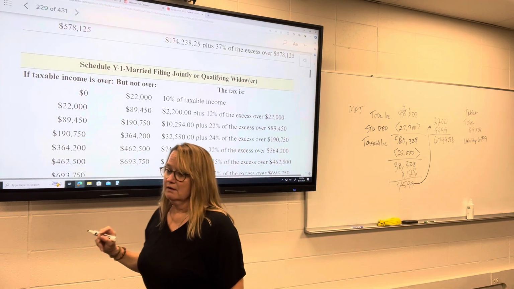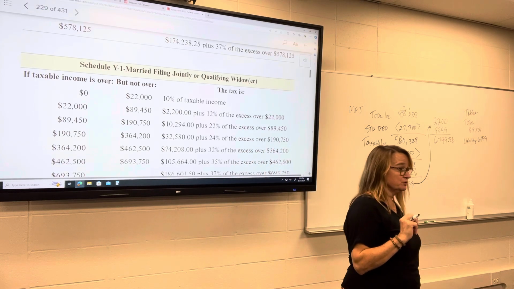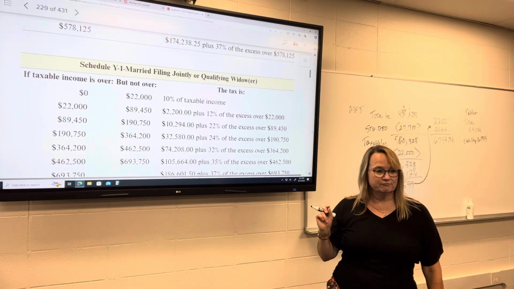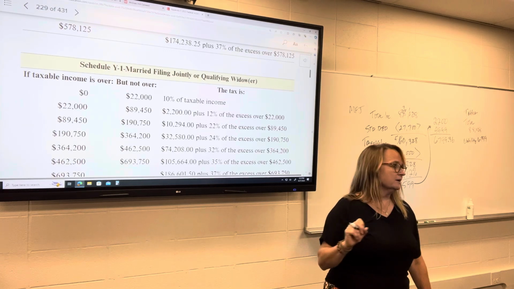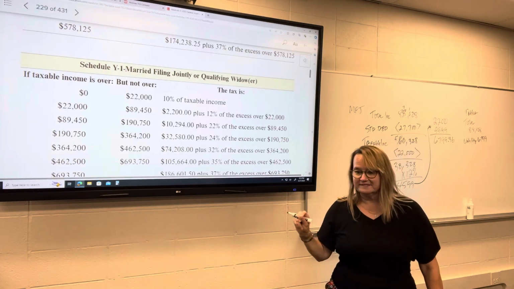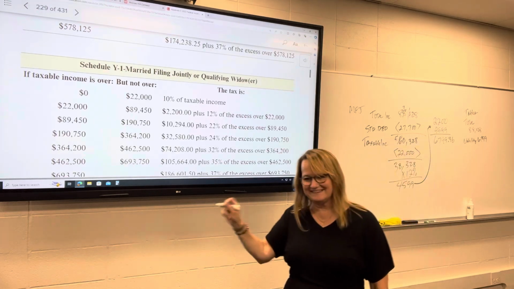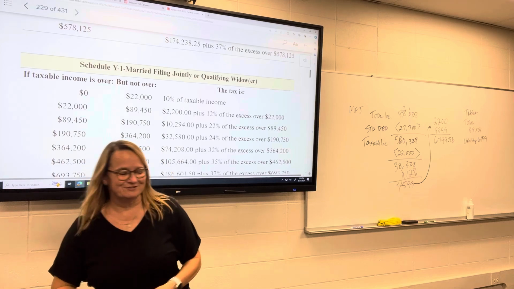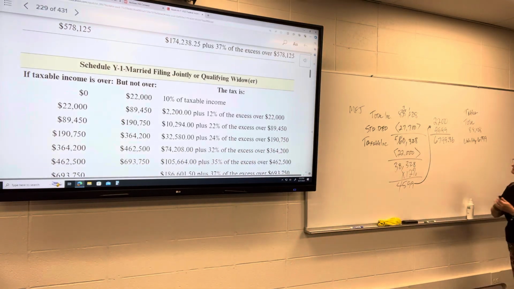Everything's rounded. If you're figuring out how much to withhold from your paychecks, make sure that at the end of the year you have enough, so you can round up the 49 cents, or just round to $1 every single time.